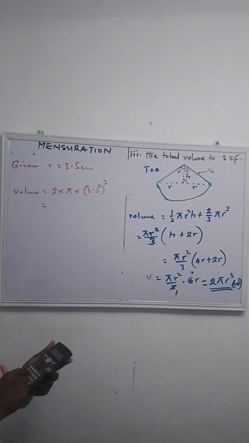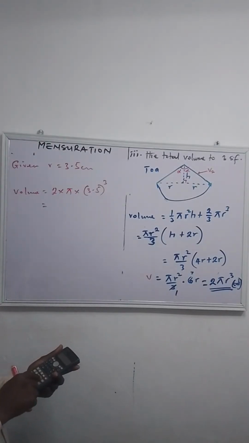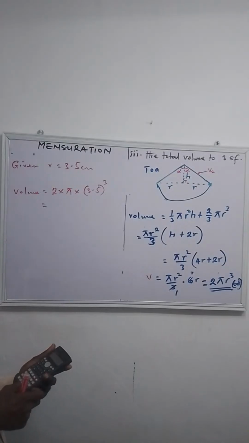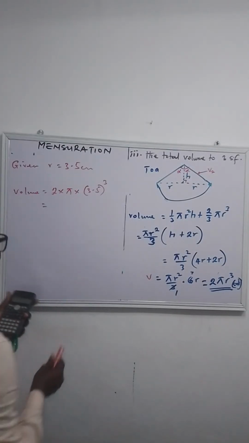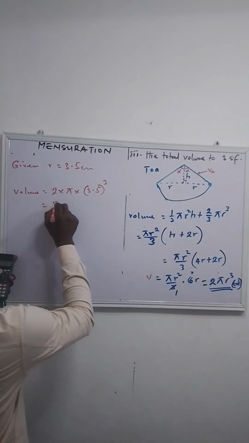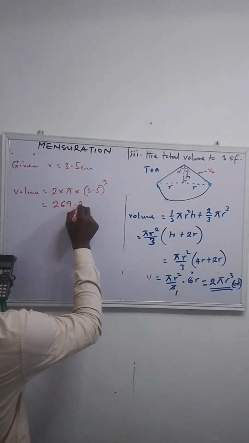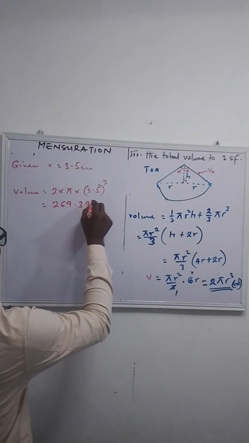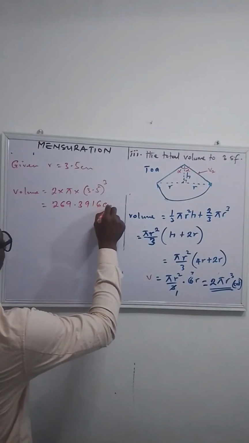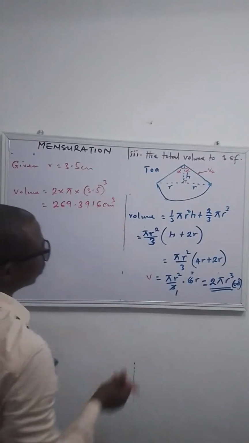So that is 2 times pi times 3.5 raised to the power of 3. The answer I have here is 269.3916 centimeter cube.